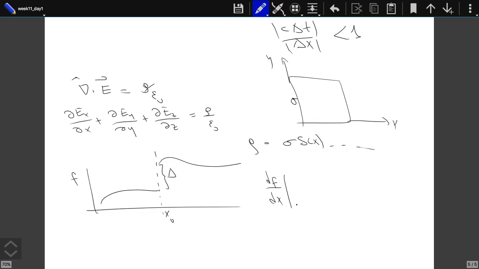Y dot y prime is cosine theta, and z dot y prime is sine theta. And Vz prime will be minus Vy sine theta plus Vz cosine theta.